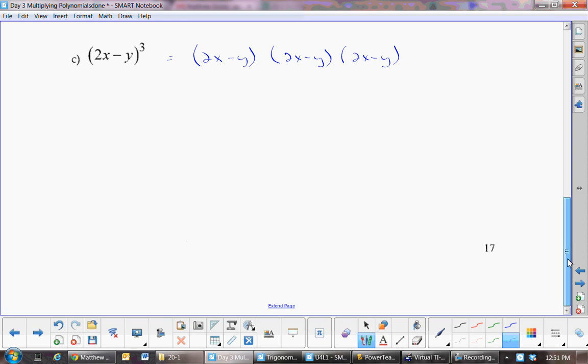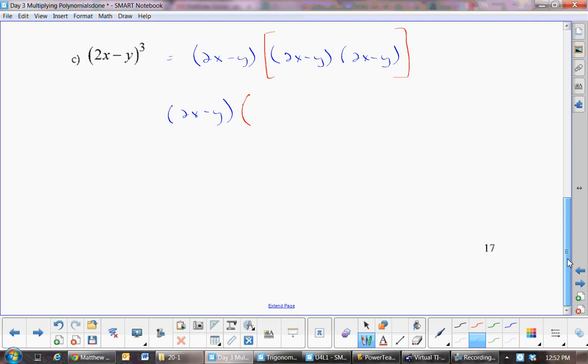So you can only do 2 at a time when it's binomial times a binomial times a binomial. So I pick the last 2 and I do them. So I'm going to do that. So I've got 2x minus y over here in the front. Now in the red, how do I find the answer to that?